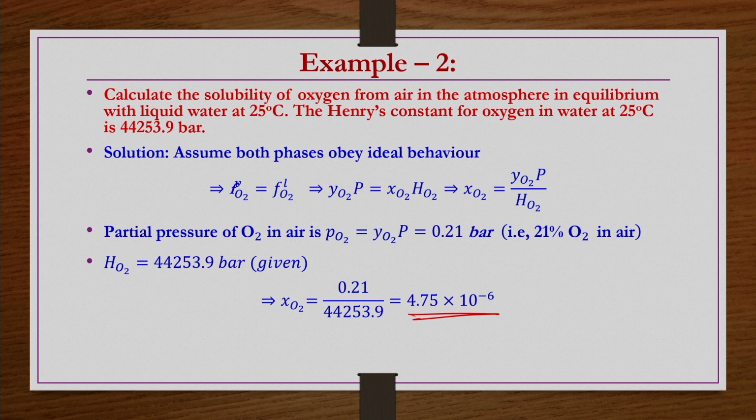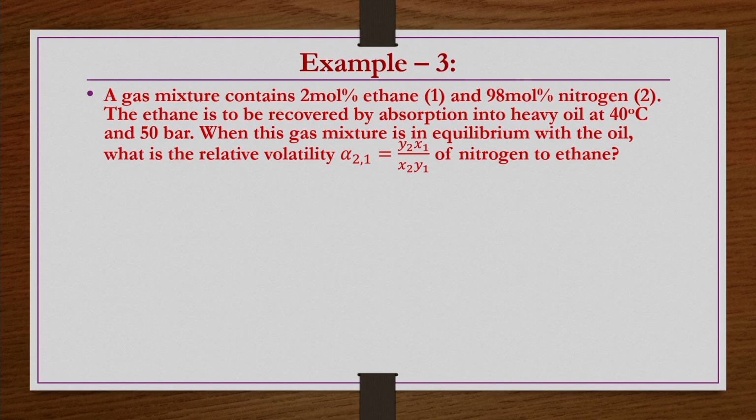Now, we take another example, some engineering application problem. A gas mixture contains 2 mole percent of ethane, designated as component 1, and 98 mole percent of nitrogen, designated as component 2. The ethane is to be recovered by absorption into heavy oil at 40 degree centigrade and 50 bar.